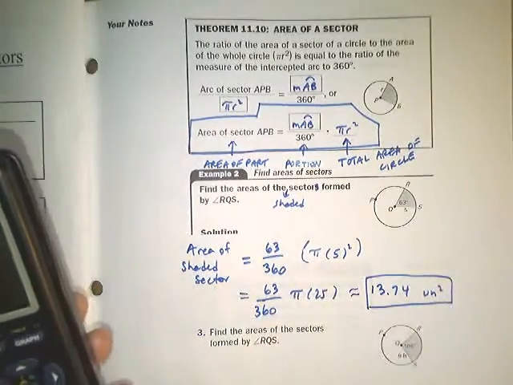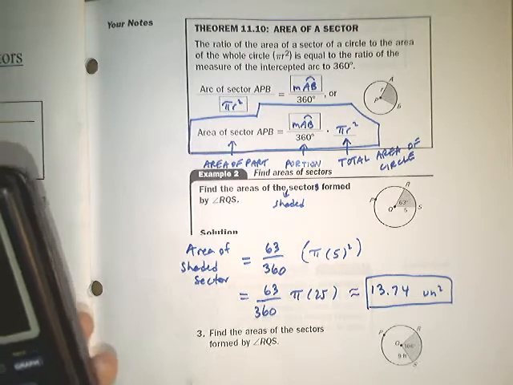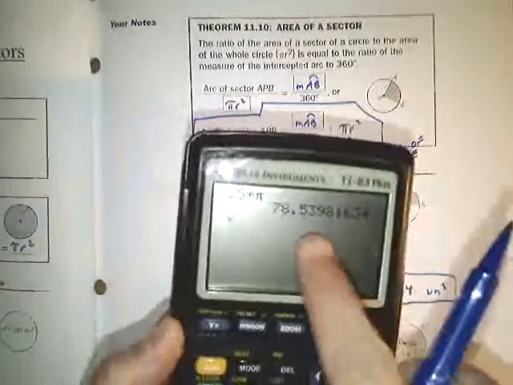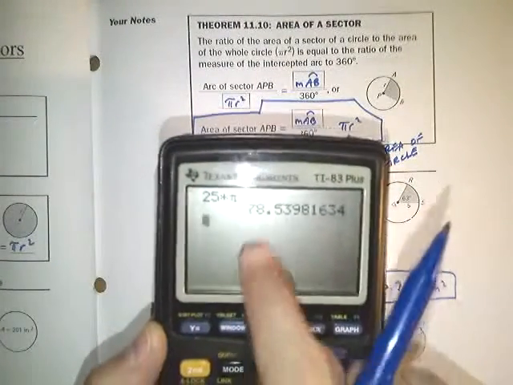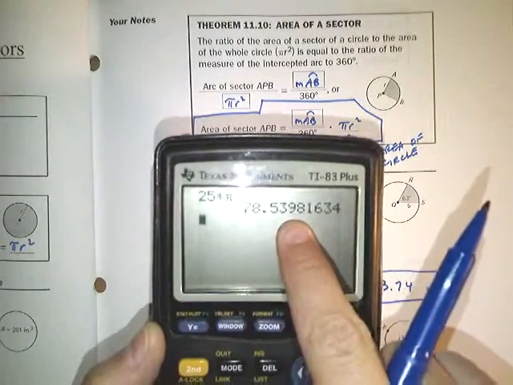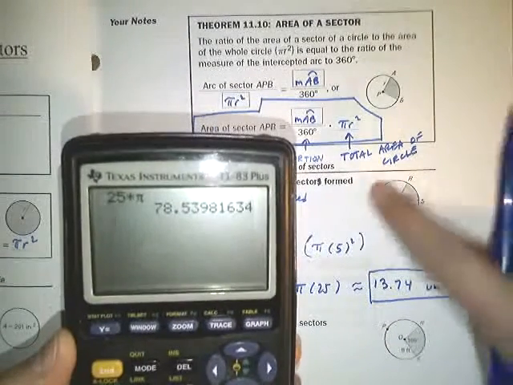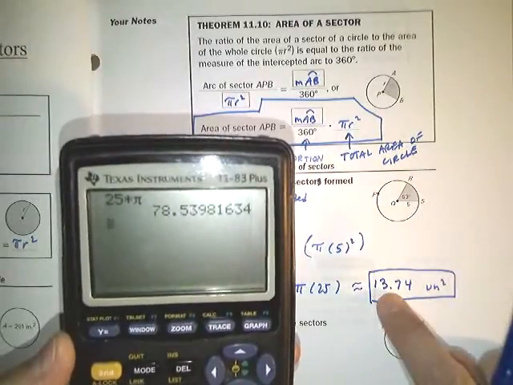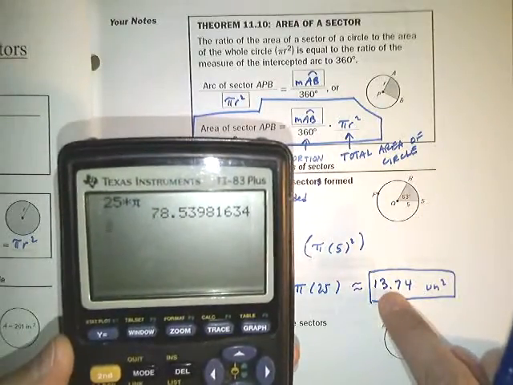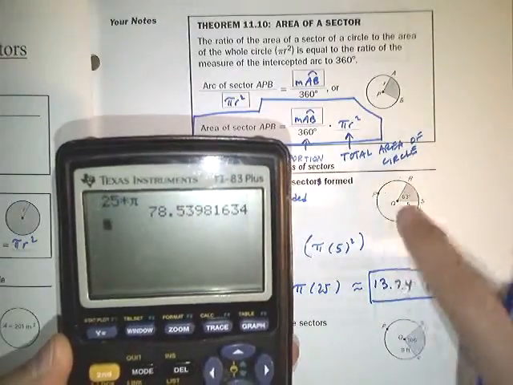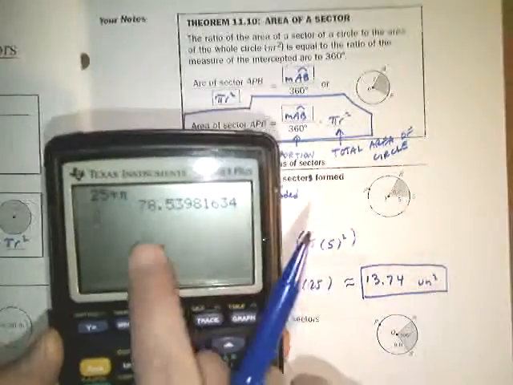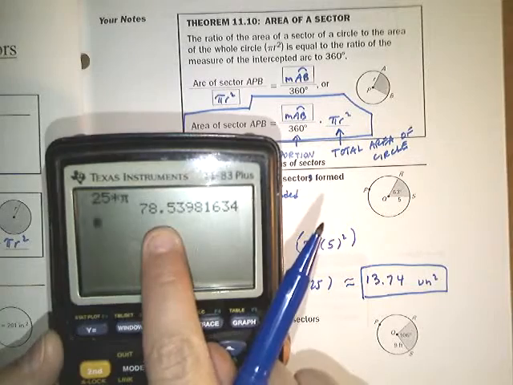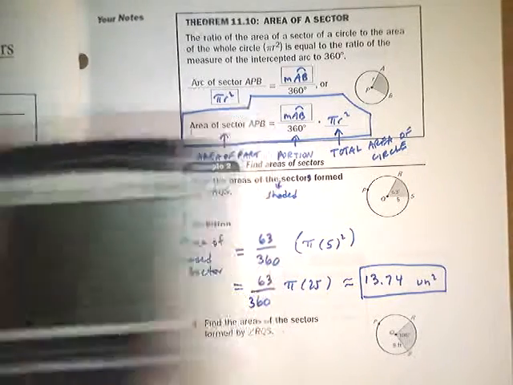That was 25 times pi. 25 times pi means the area of this entire circle is 78.54 roughly. So if the whole thing is 78.54, does this look like it would be 13.74? To me it does. It looks like this section out of the whole thing would be about this much out of that much in area. Makes sense.